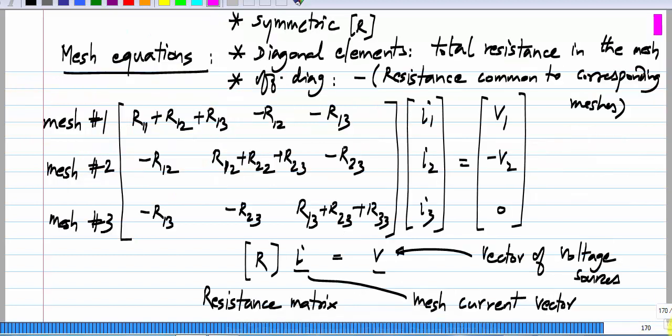Okay. So you first solve for mesh currents.